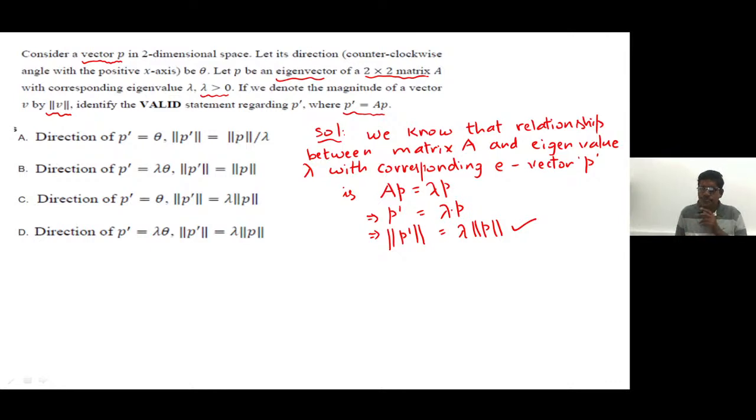For example, in vector algebra, take i plus j, the line joining 0,0 and 1,1, which makes some angle theta with the positive x-axis. What is the direction of 2i plus 2j? If I take lambda value 2, then lambda into i plus j becomes lambda into i plus lambda into j, where lambda is equal to 2. 2i plus 2j is in the same direction as i plus j only.